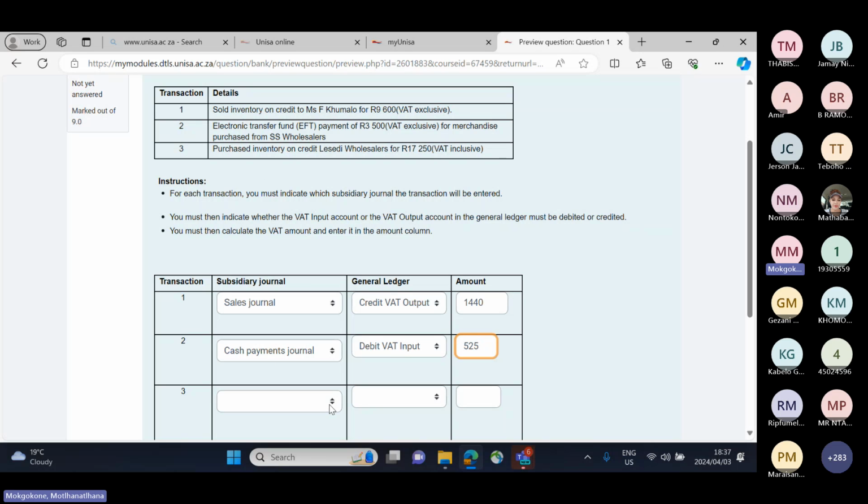Here under journal, you tick the correct answer, which is purchases journal. And you must tell us whether VAT input or VAT output in the general ledger must be debited or credited. Here the business purchased on credit.